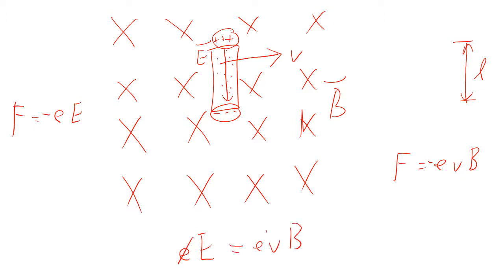The charges cancel. And so what we have left is that the electric field is proportionate to the magnetic field and to the velocity. So we have the electric field proportionate to the velocity and the magnetic field.